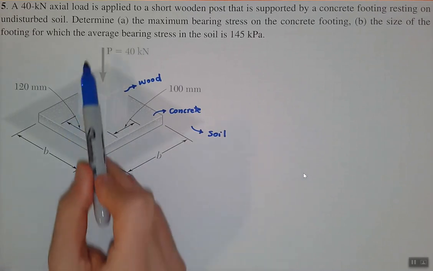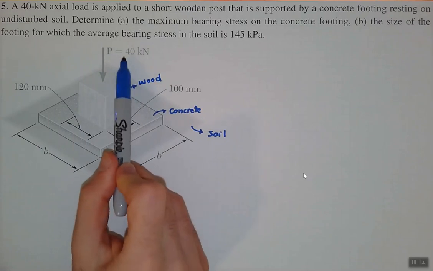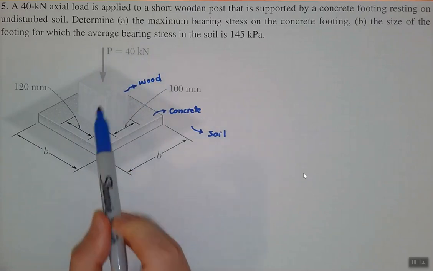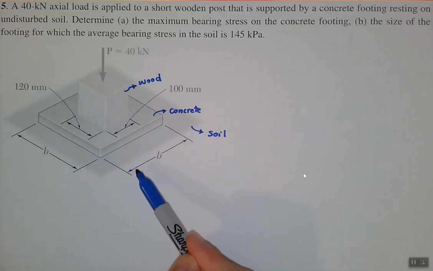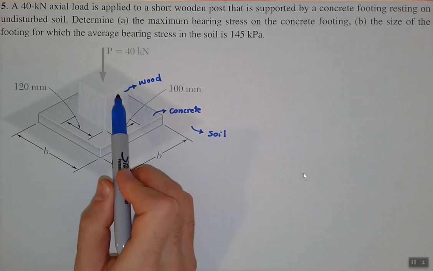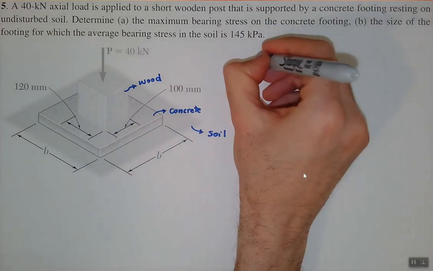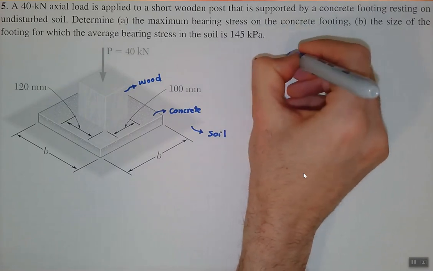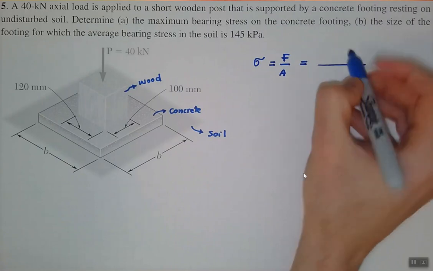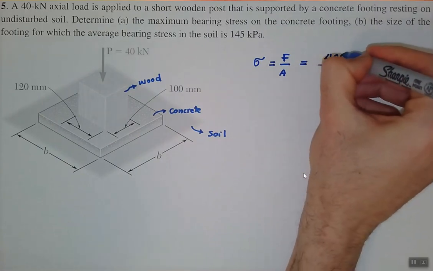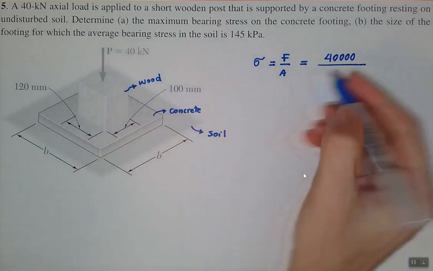So you can think of when you apply this large load, 40 kilonewton load on the wood, this wood tries to press the concrete, and the concrete tries to press the soil, and we need to be careful to calculate all the stresses to avoid any failures, right?